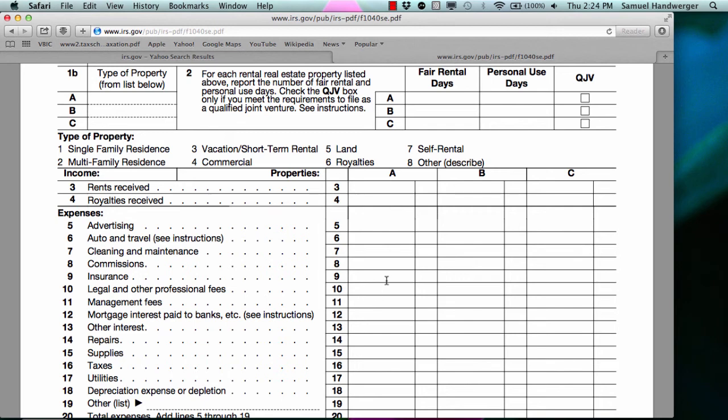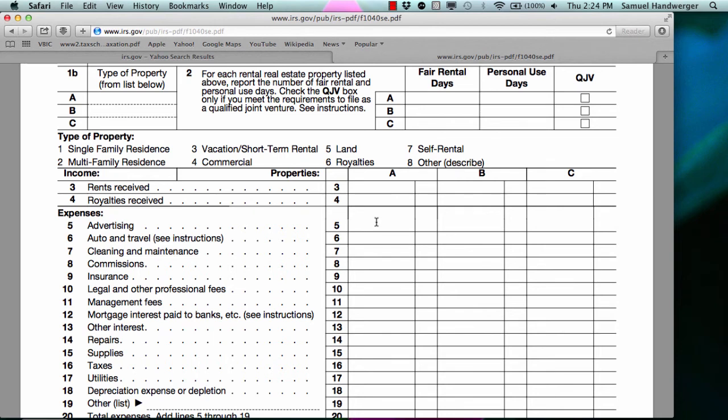But see, what happens here is you record the rents received. Those rents received, in a commercial setting for sure, you'll have received a 1099, specifically the 1099 miscellaneous, telling the landlord how much the rents were paid by the payor to the landlord.